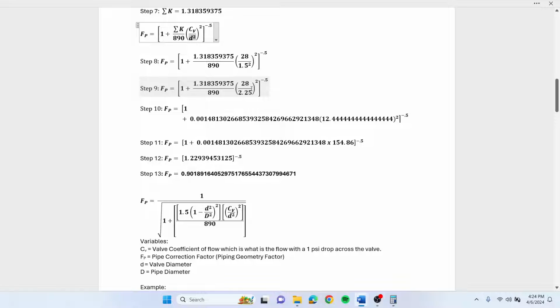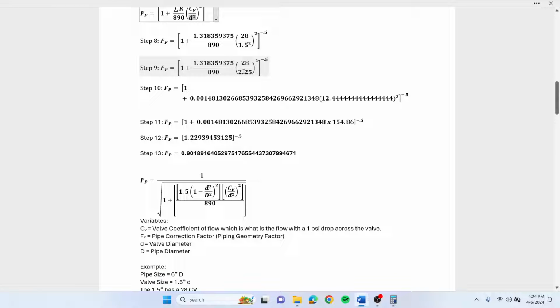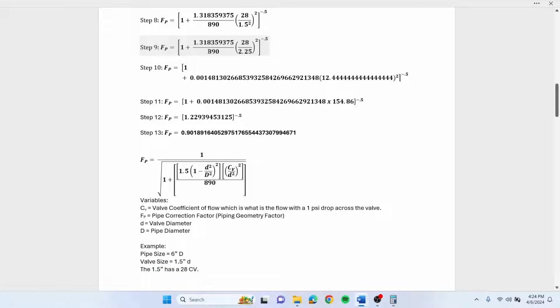So next step is you're going to end up with 28 divided by 2.25. If you take this 1.318 and you divide that by the 890, you end up with this long decimal number, and then you're going to end up with another long decimal number. We're just skipping that for now.